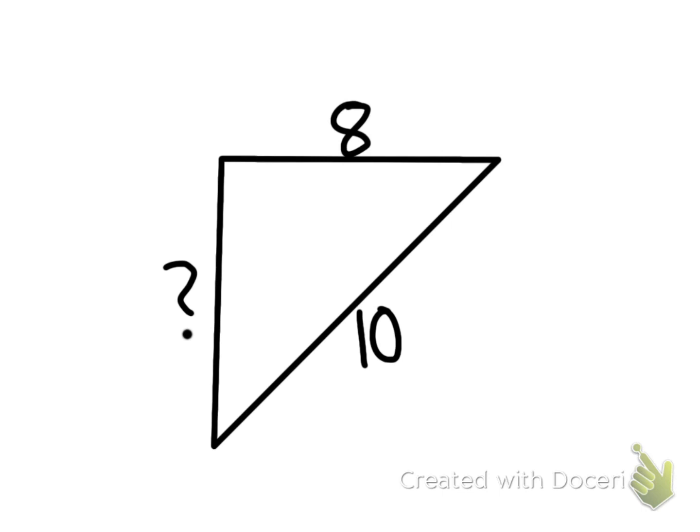Now, the side length shown right here is what's called the hypotenuse, which is always the longest side of a given triangle. However, if the missing side length just so happens to be the hypotenuse, it can be difficult to tell at times.